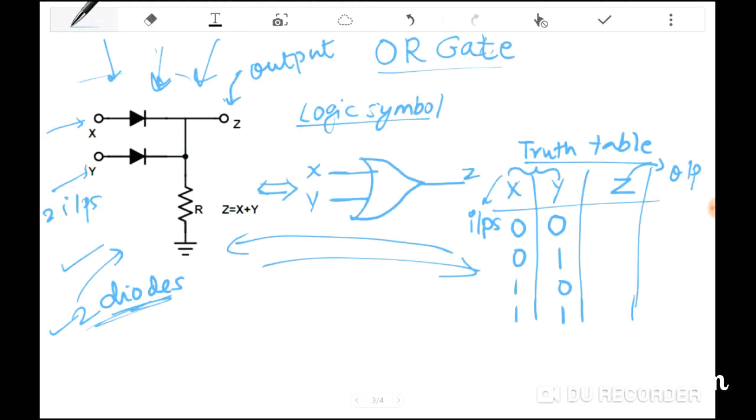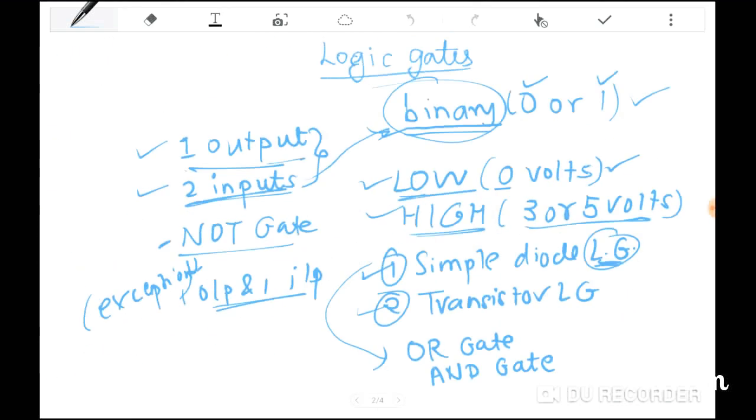In all the logic gates, listen very carefully, the plus 5 volt represents high logic level, and 0 volts represents low logic level. Just like what I've told you before, the low is represented as 0 volts and the high can be represented according to the circuit as 3 or 5.